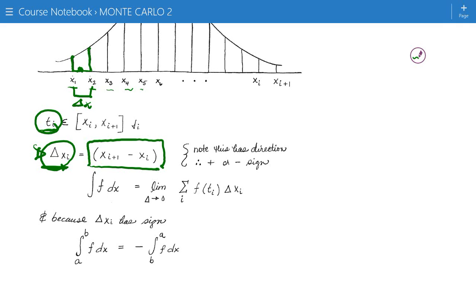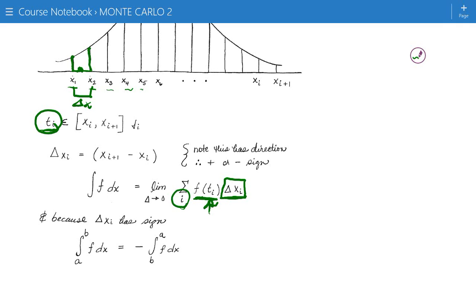The integral itself, in the Riemann integral, is simply defined as take each of the intervals, delta xi, multiply it by the function value at that value ti you've arbitrarily picked, and then sum this across all of the intervals. The integral is take the limit as delta goes to 0.